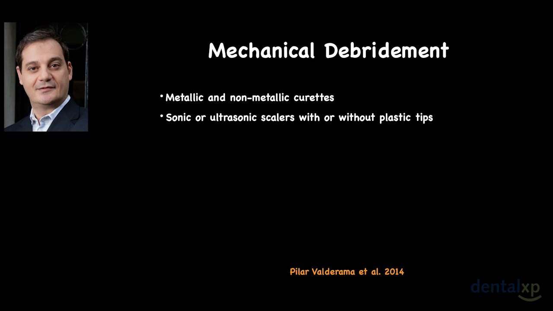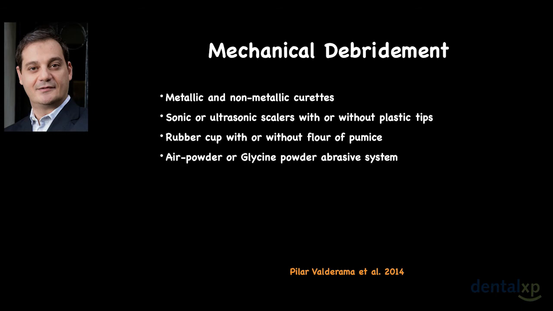Sonic or ultrasonic scalers with or without plastic tips, a rubber cup with or without flour of pumice, air powder or glycine powder abrasive systems, titanium brushes, and the laser. They call the laser a mechanical debridement, again trying to debride the surface with it, and photodynamic therapy, and lastly implantoplasty. Implantoplasty is just to polish the surfaces of the implant by mechanical means.